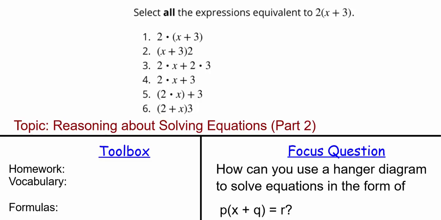So our warm-up says select all the expressions equivalent to 2 times the quantity x plus 3. So one thing we know, if you remember the distributive property, it says we can multiply this number here by each of these to get an equivalent expression.